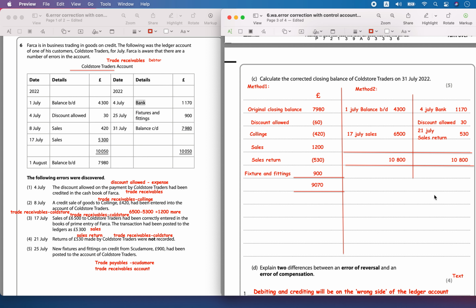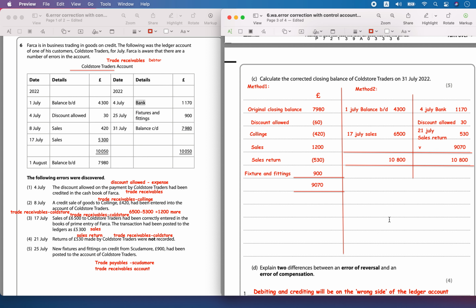Now the balance on this side is going to be the balance carried down on 31st July. 10,800 minus 1170 minus 30 minus 530 gives 9070.